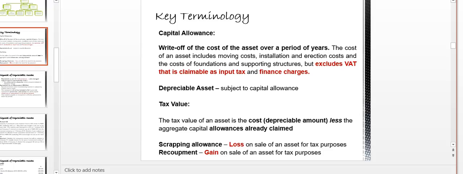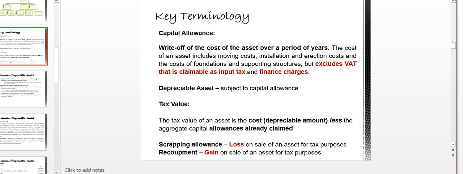Okay, just some key terminology. Capital allowance, what is it? It's a write-off of the cost of an asset over a period of years. This cost of an asset includes all the costs to get the asset ready for use, including delivery and moving costs, installation costs or erection costs.